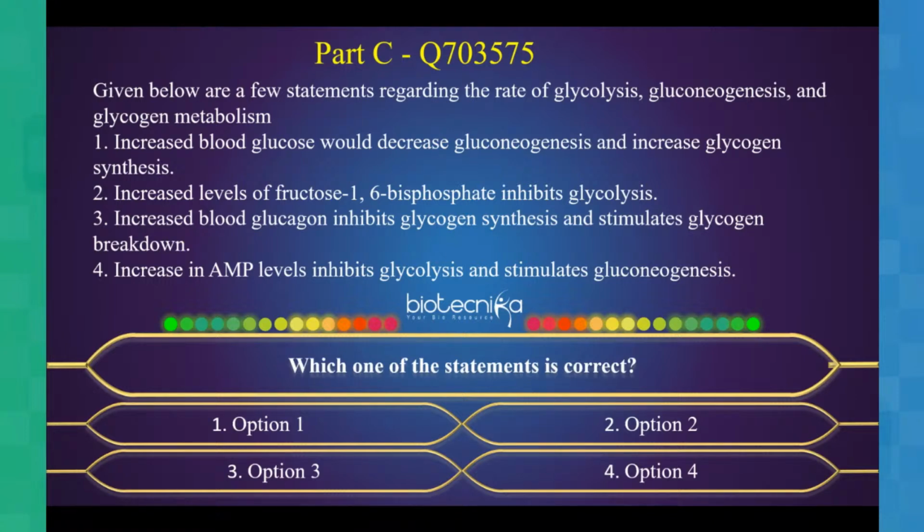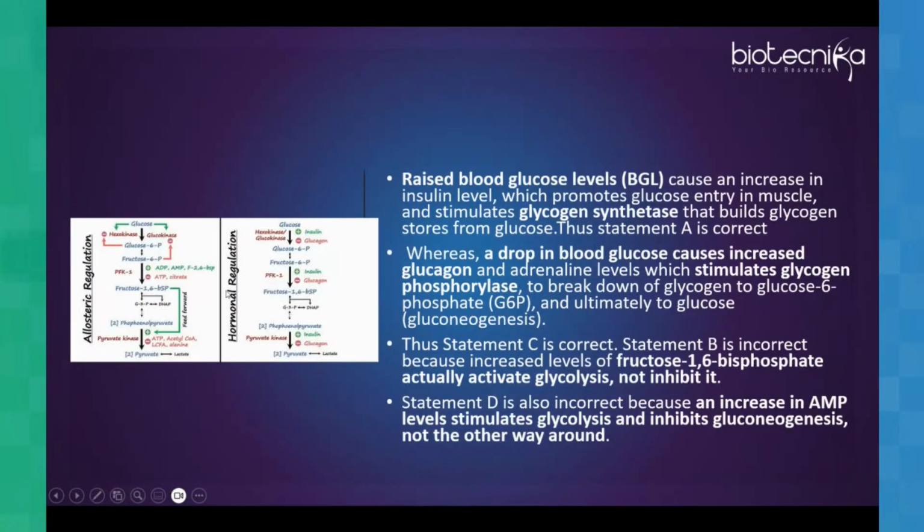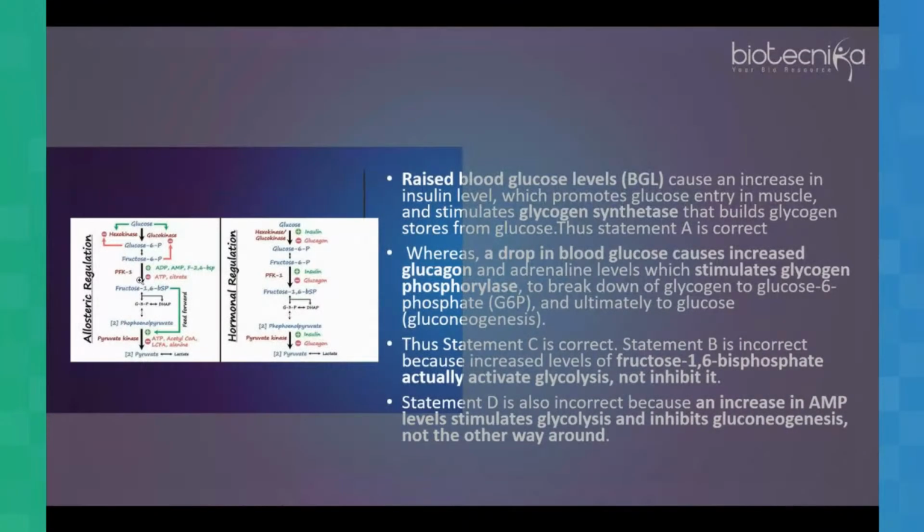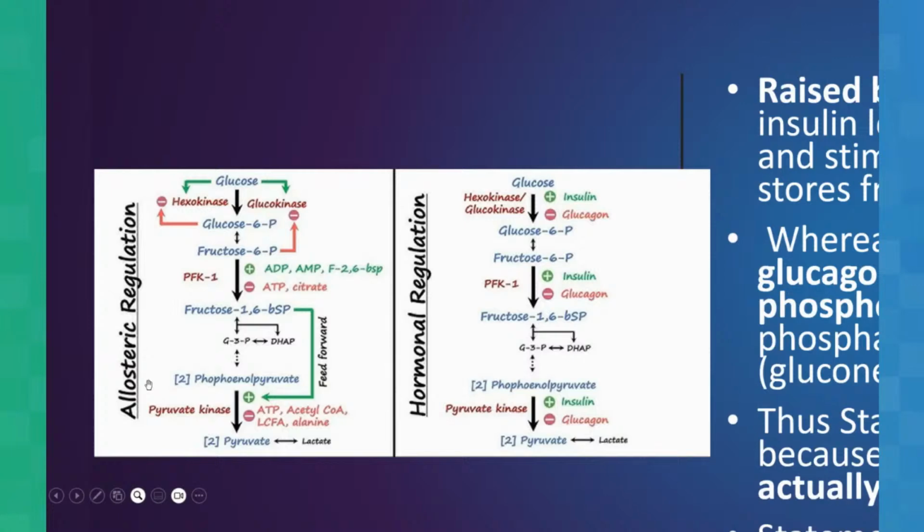All right, so see here, let me zoom it in a little bit for you. This is the allosteric regulation, and this is the hormonal regulation. Since this question is about hormonal regulation, as I said, if your glucose is high, then insulin will be more. If your glucose is less, glucagon will be more.